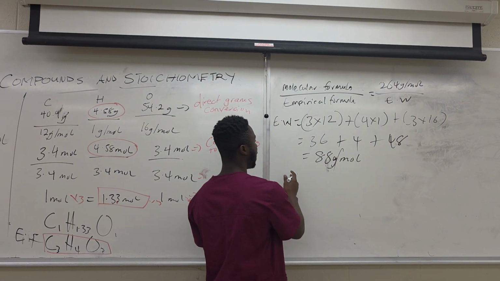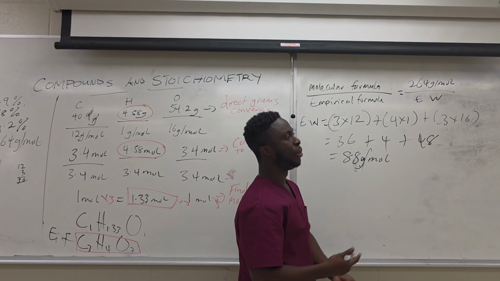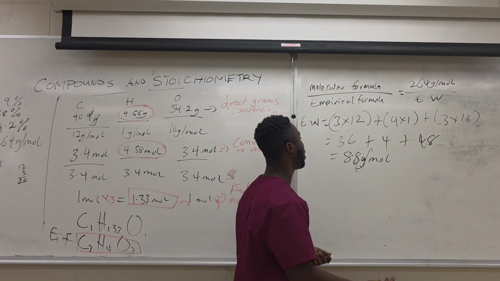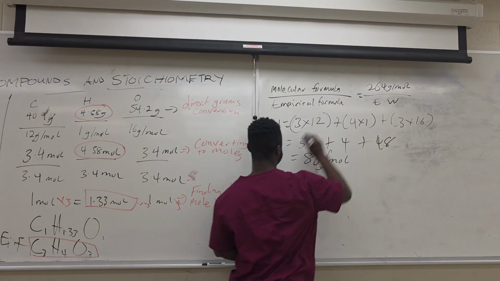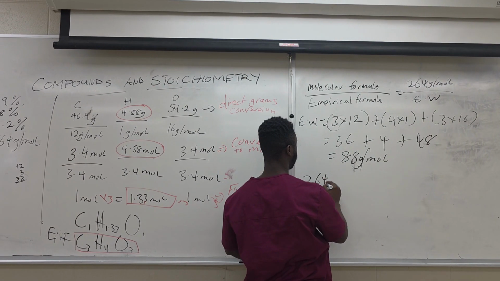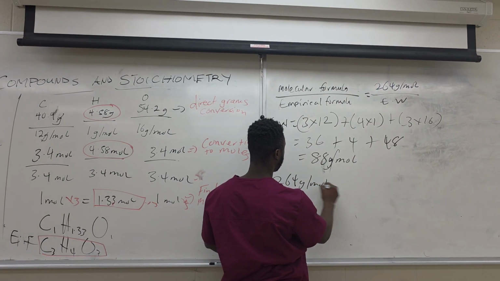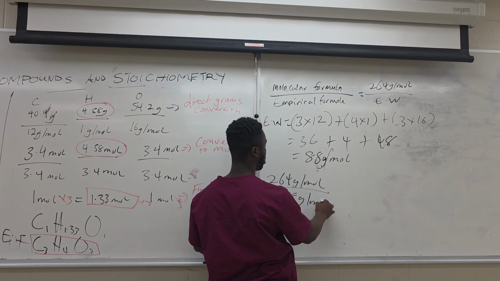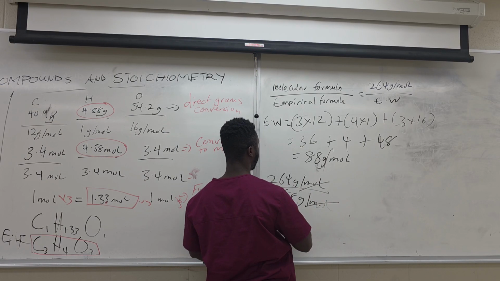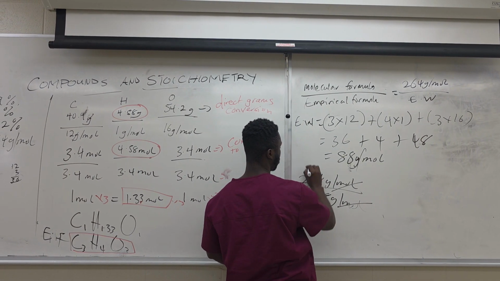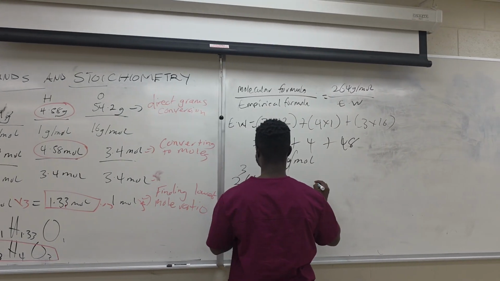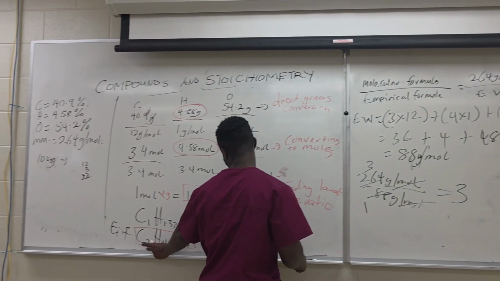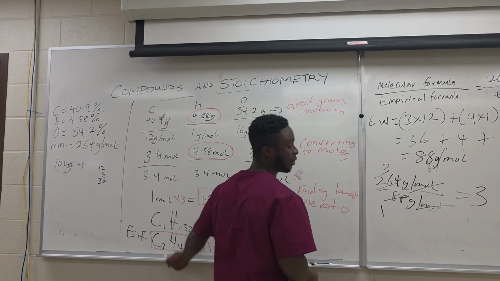If I want to find the ratio between its molecular weight and its empirical weight so that I could find the molecular formula, I just divide 264 grams per mole by my 88 grams per mole, and then grams per mole cancels grams per mole. 88 goes here 1, goes here 3. I get my ratio to be 3. So once I have my ratio to be 3, I just multiply everything by 3.